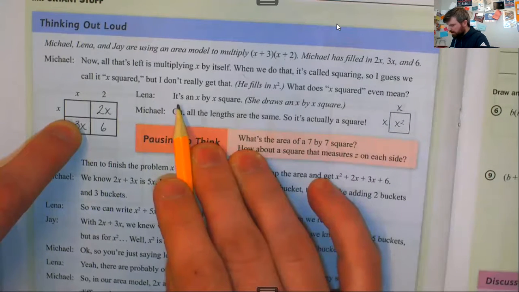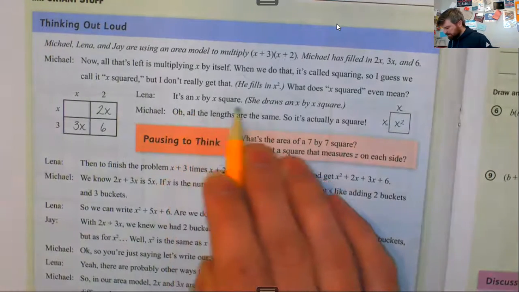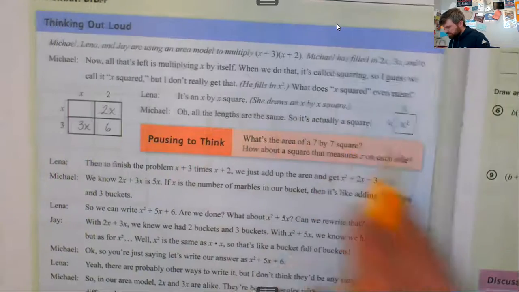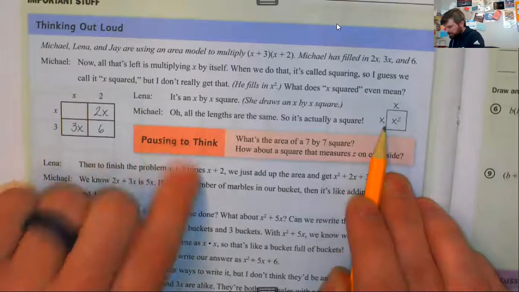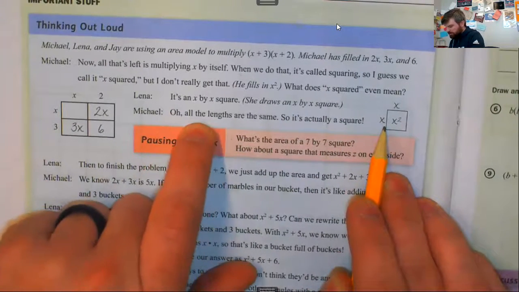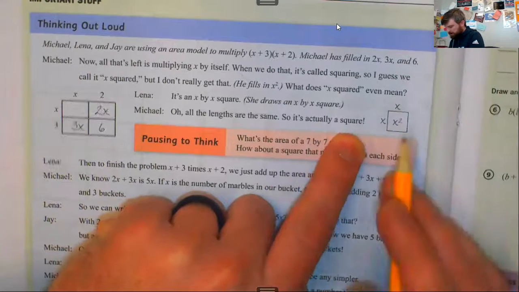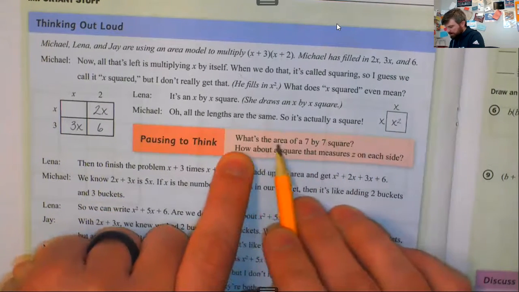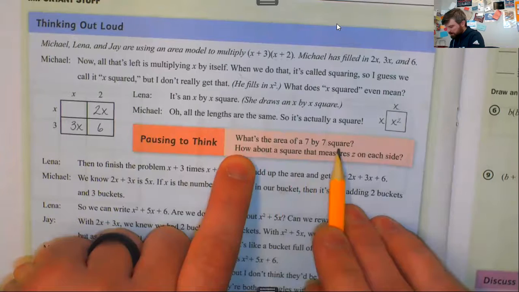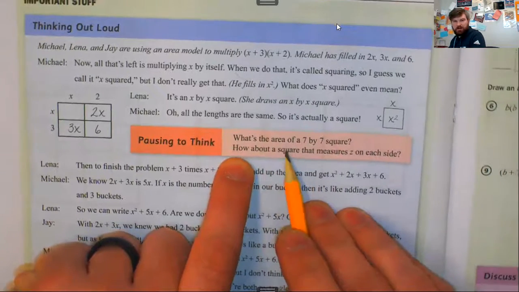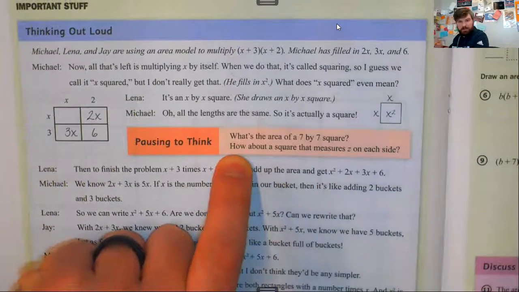She says, it's an x by x square. She draws an x by x square over here. All the lengths are the same, so it's actually a square, which is correct. What's the area of a 7 by 7 square? In order to find the area, you take the length times the width.